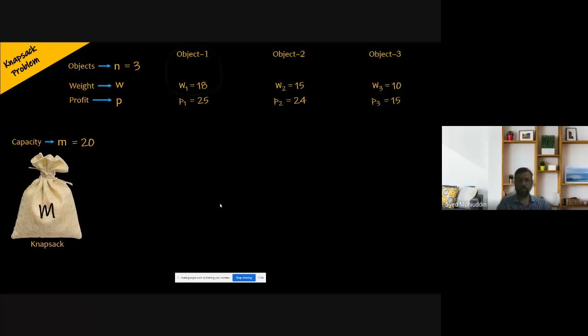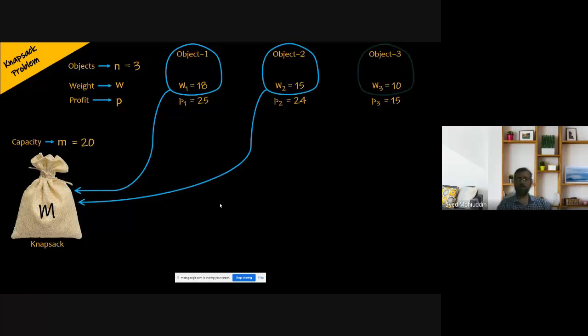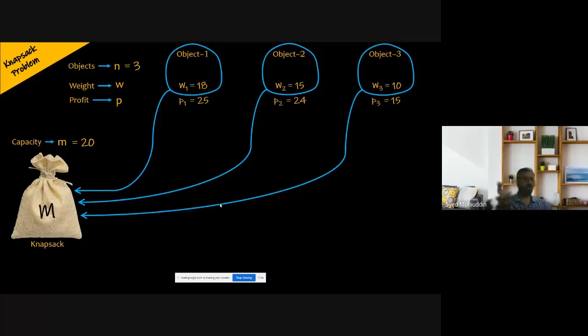We would put object 1 in the sack, all oranges, all apples, all bananas, to earn maximum profit. But can we fill this knapsack with all these objects?